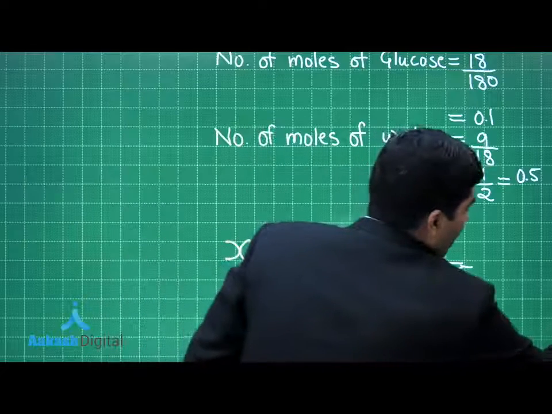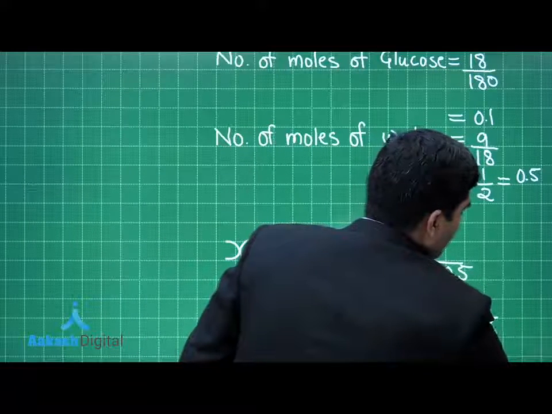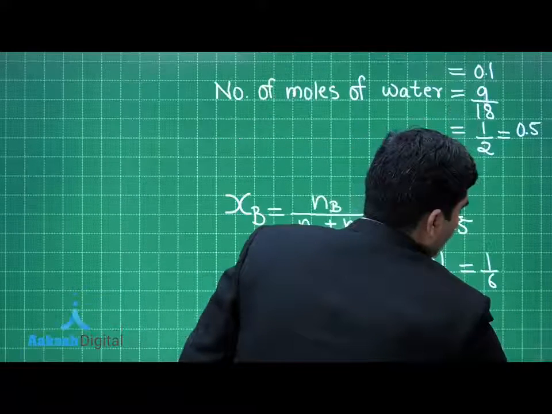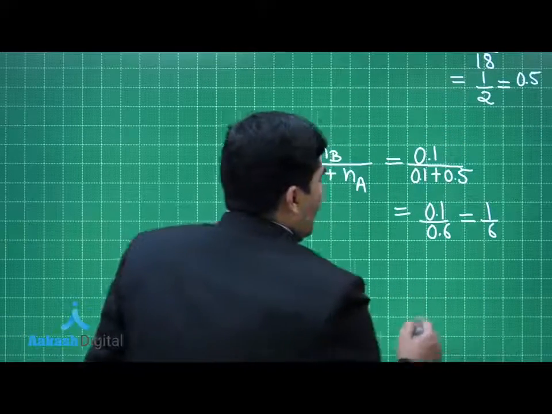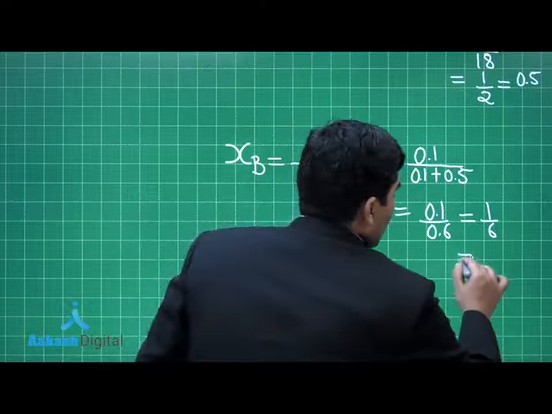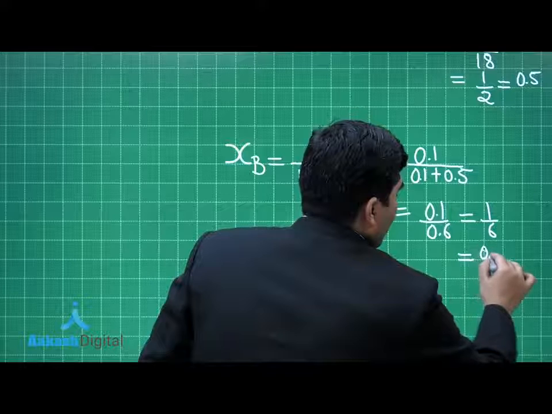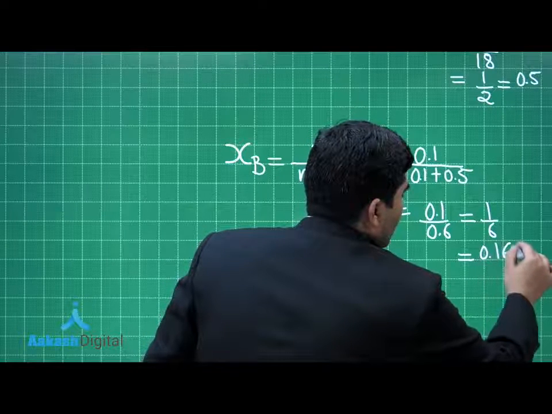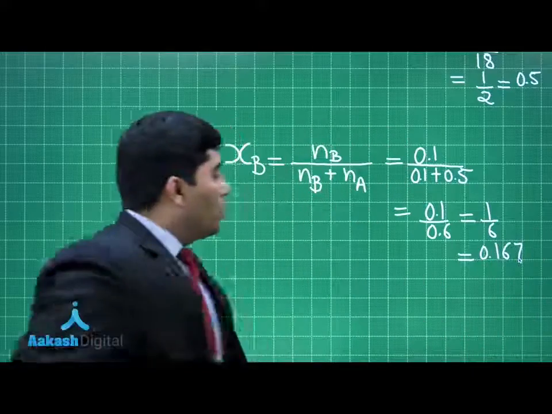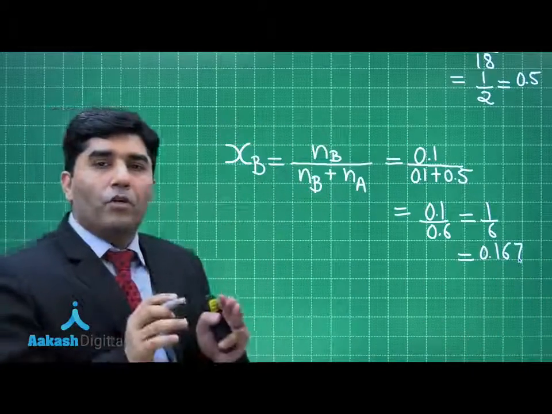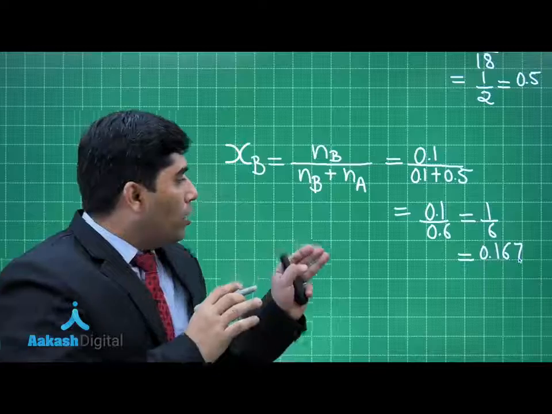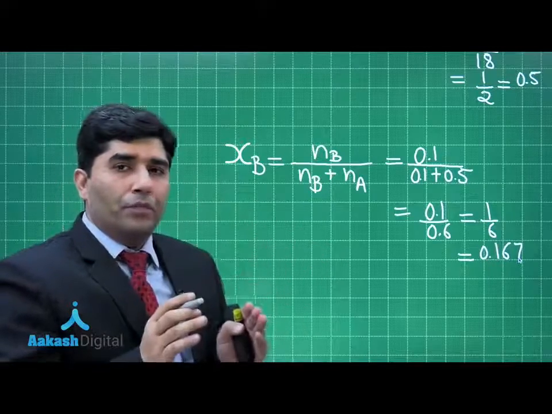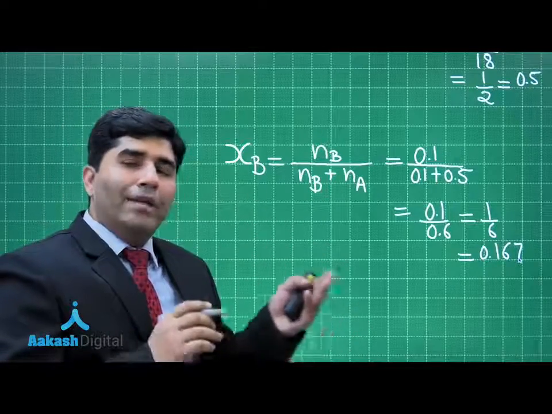If we further solve it, we will get 0.167. So this is the mole fraction of glucose in this particular question. Let us move on to the next concentration term.